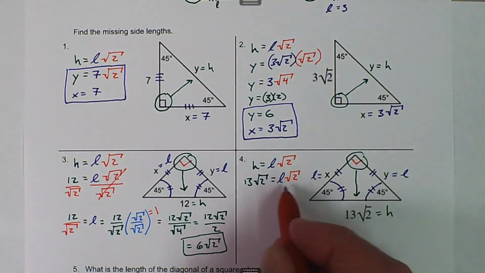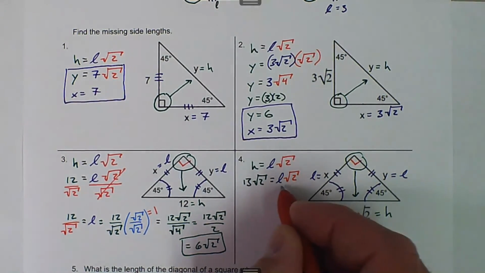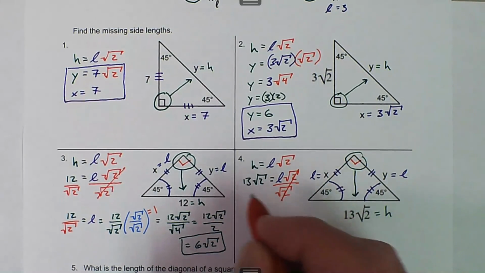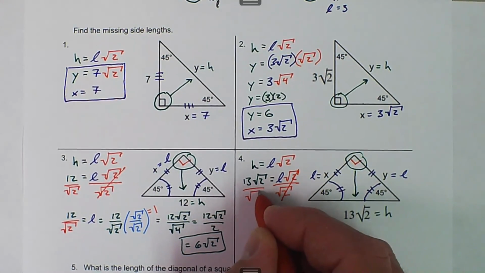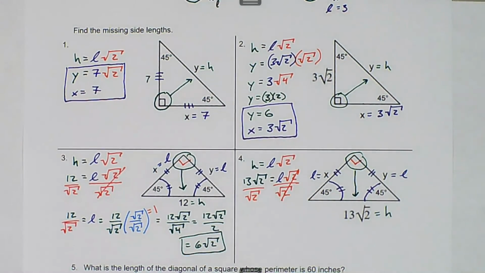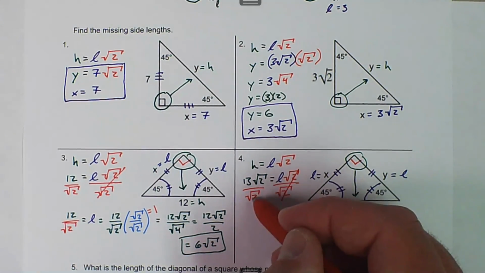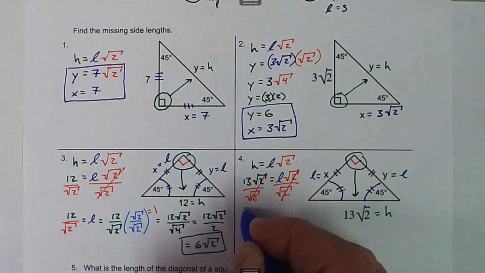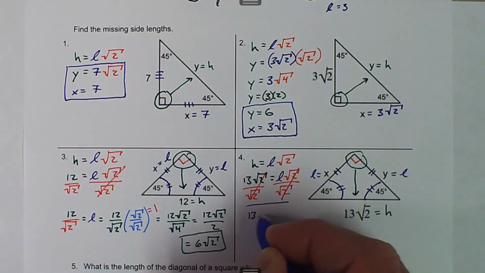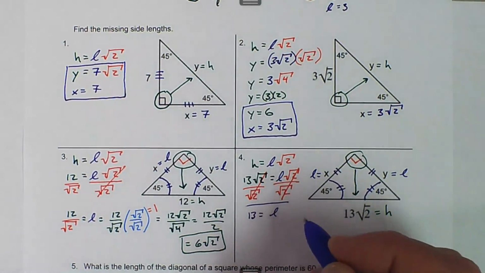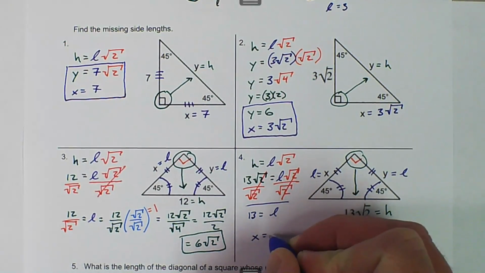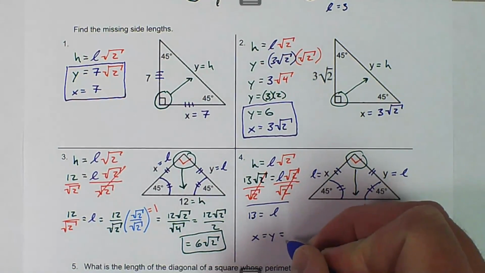We have multiplication here on the right side, and the way to get rid of that is to divide, and we want to get rid of the square root of 2. So we're going to divide by the square root of 2. And then the nice thing about this is we have the square root of 2 divided by the square root of 2, so that cancels out. And now we know that 13 is equal to the leg. Or we can say x is equal to y, which is also equal to 13.